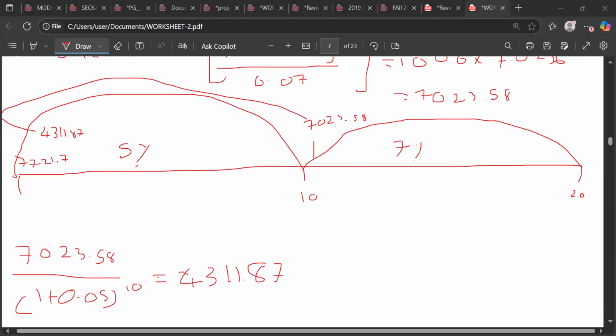So we then add the two values. We're saying this and this, now add them.